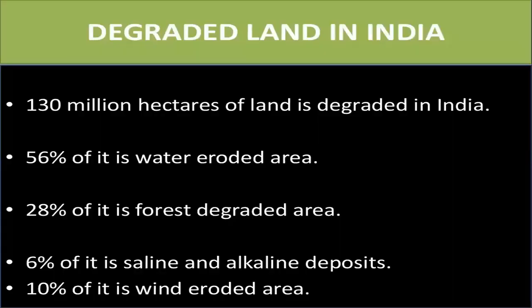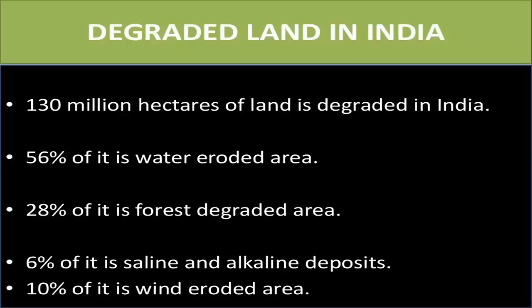So this is the amount of degraded land in India. 150 million hectares of land is degraded in India. 56% of it is water eroded areas. 28% of it is forest degraded area. 6% of it is saline and alkaline deposits, and 10% of it is wind eroded area.